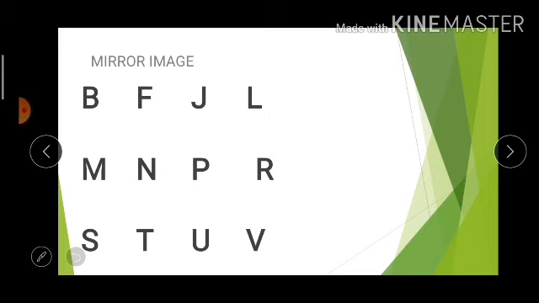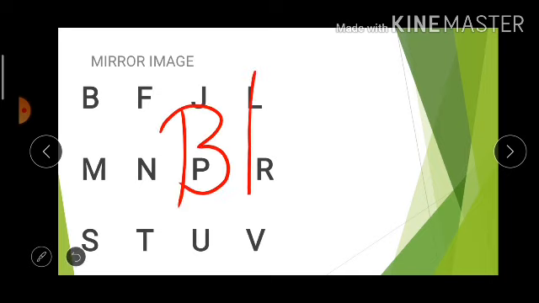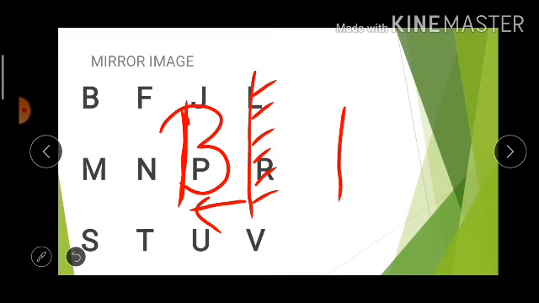For instance, let's take the letter B. In this letter, if I form a mirror image of this vertical line, this is farther from the mirror, therefore I'll make a simple vertical line that is away from the mirror. These two semicircles are there that make the B. I'll take two semicircles in the inverted form.